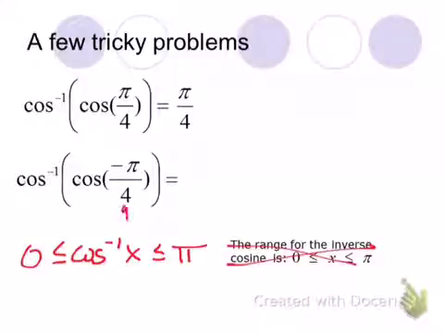Is this angle between 0 and pi? It's not, is it? It's the opposite direction. This angle is actually in the fourth quadrant, which is not between 0 and pi. So this answer is not negative pi over 4. Can't be. We want it to be because the inverse cosine undoes the cosine, right? But in this sense, it gives us a different value. What's the value going to be?